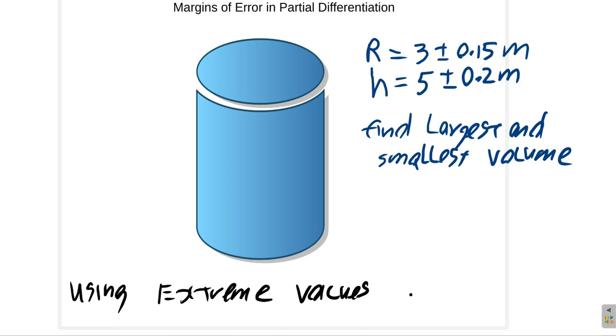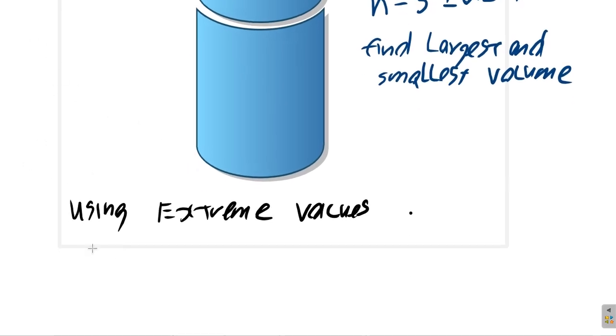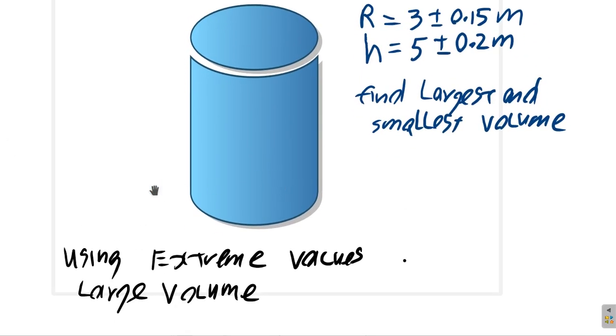Now, what it says is that the large volume, so at the larger end of the scale, volume would be pi r squared h.